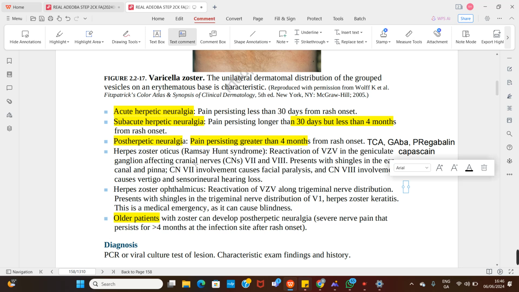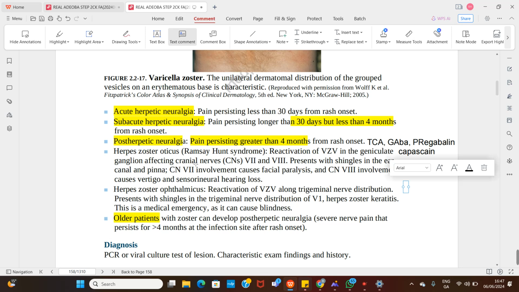Number two, there's going to be affectation of the facial nerve, which is going to lead to a lower motor neuron lesion. So there's going to be ipsilateral facial nerve paralysis, mouth deviation to the unaffected side, and loss of nasolabial folds.